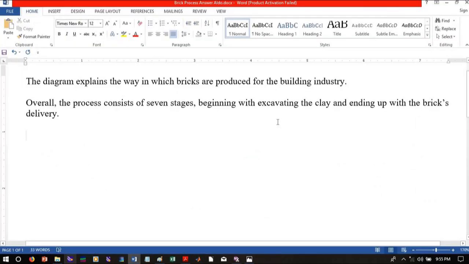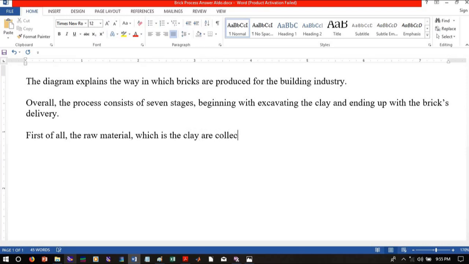And because we are trying to start something new, I think it's good to say: first of all, the raw material, which is the clay, is collected and dug using the excavator.